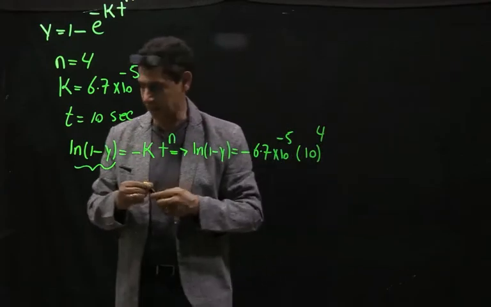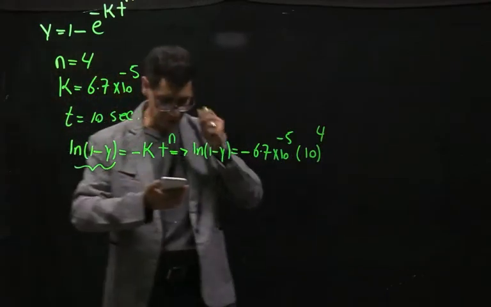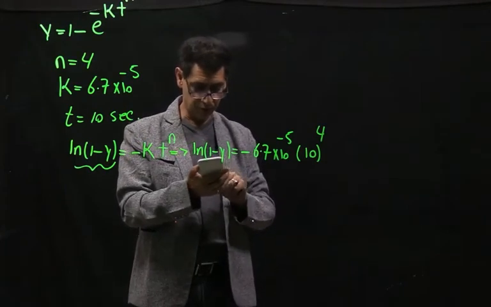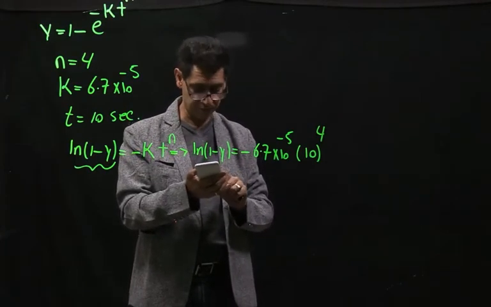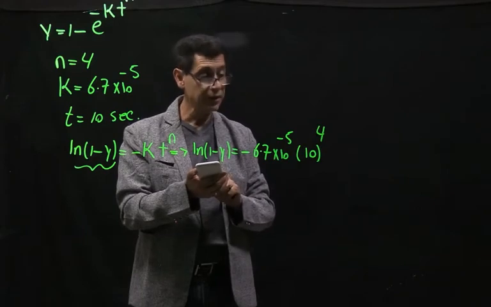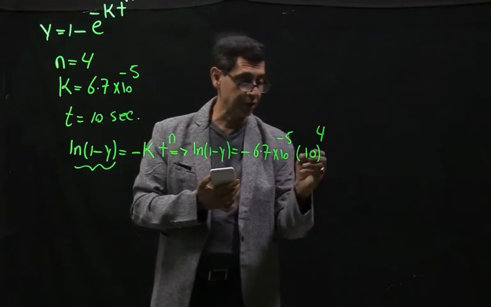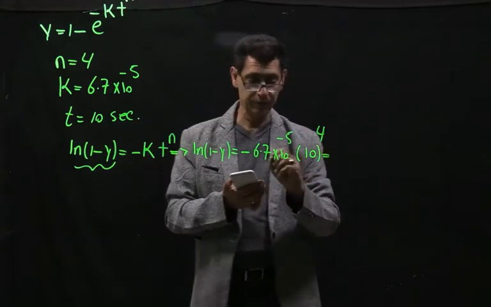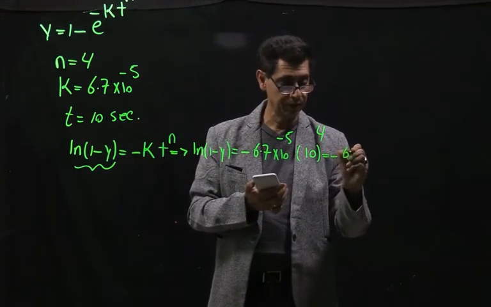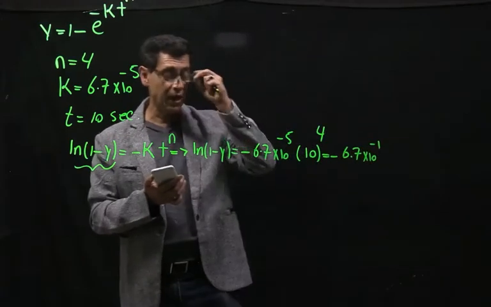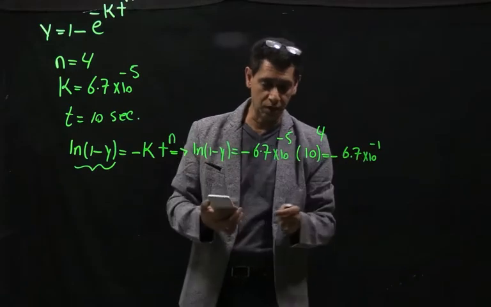Let's do a simple calculation here. So we have 6.7 10 to the minus 5 multiplied by 10,000. So this value becomes minus 6.7 10 to the minus 1. And now I want to solve this.